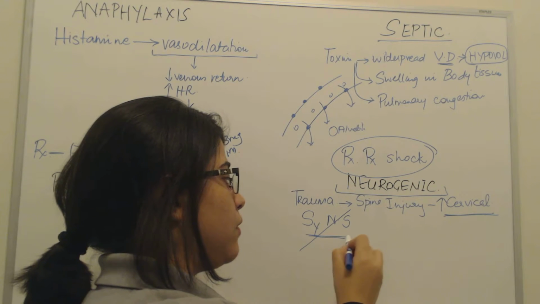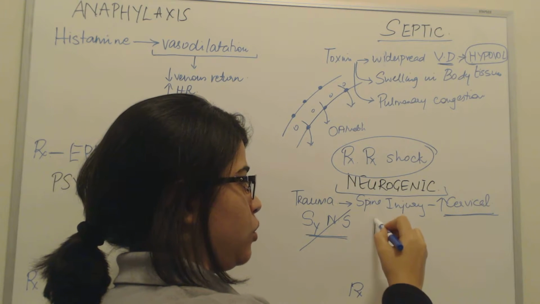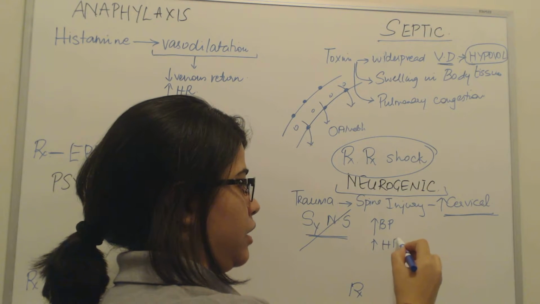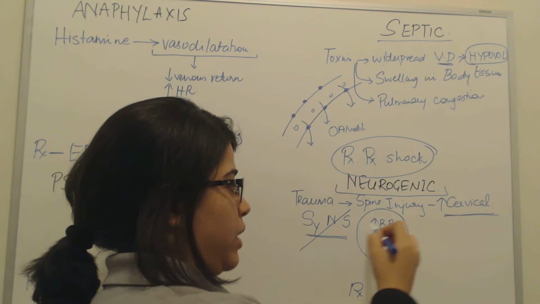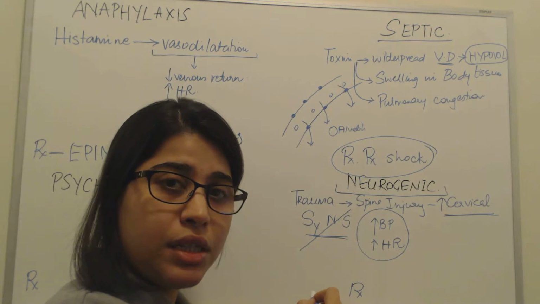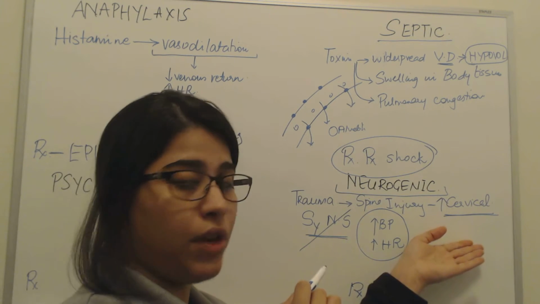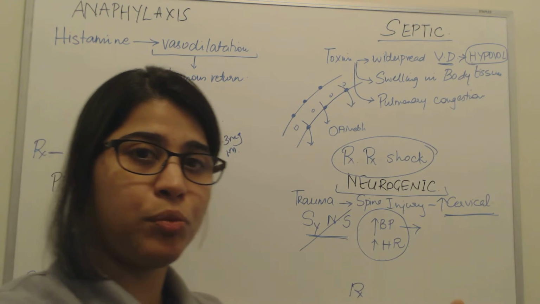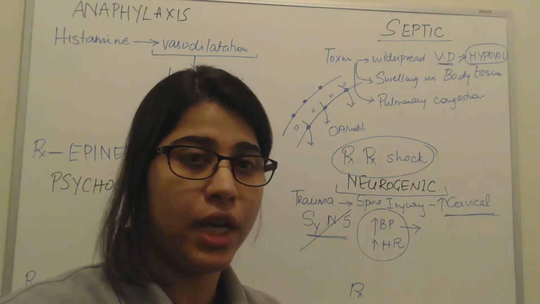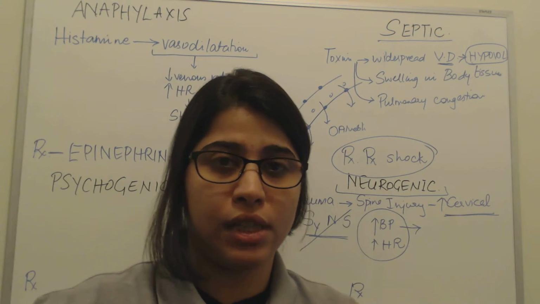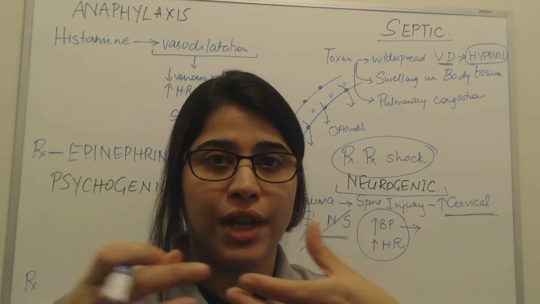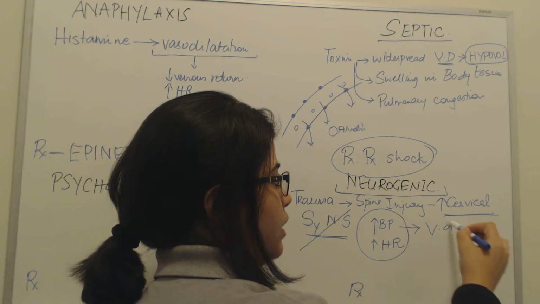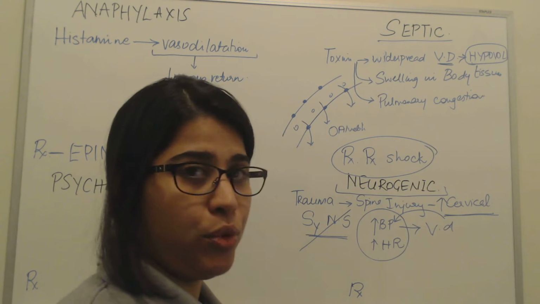Normally the sympathetic nervous system keeps the arterial tone, so keeps the blood pressure high, keeps an increased heart rate. But when the sympathetic nervous system is injured in a higher cervical injury, you start to experience widespread loss of arterial tone. If there is no tone, the vessels will start to lax out.